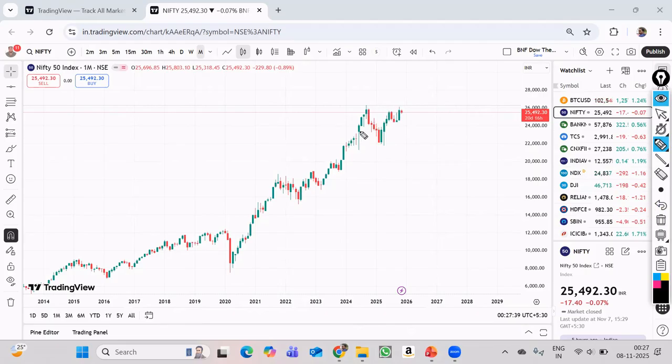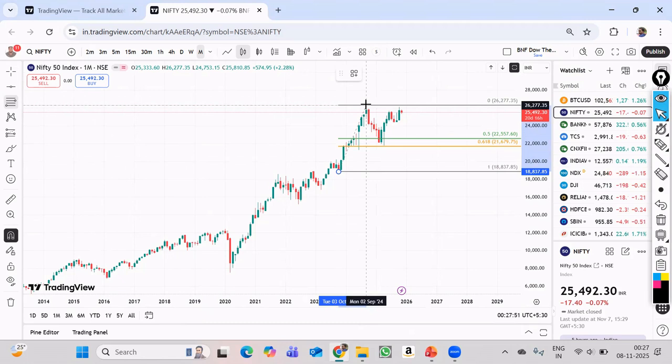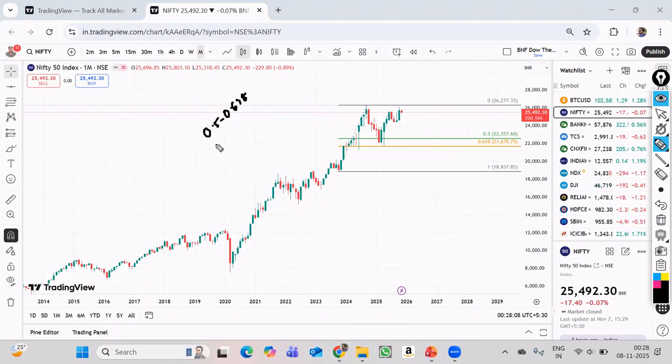So this is all about the monthly chart. And if you want to see how the Fibonacci is working on a monthly chart, I take the previous swing low and I mark the swing high. So this is where it exactly took support, and this is where it did the price correction. So the price correction should usually come to the 0.5 to 0.618 level.